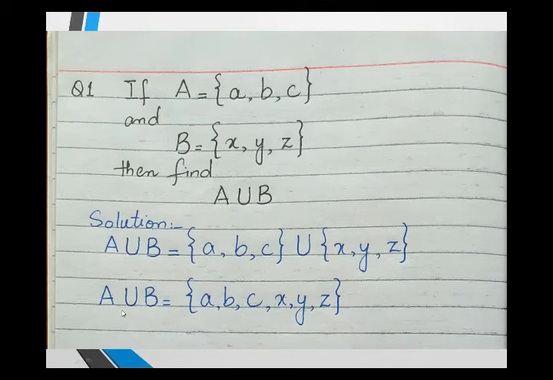So A union B is equal to {a, b, c, x, y, z}. There are two categories of elements, those belonging to A and those belonging to B. We write all the elements in a single set. Such a set is called the union of A and B. Hope, students, you will understand this.